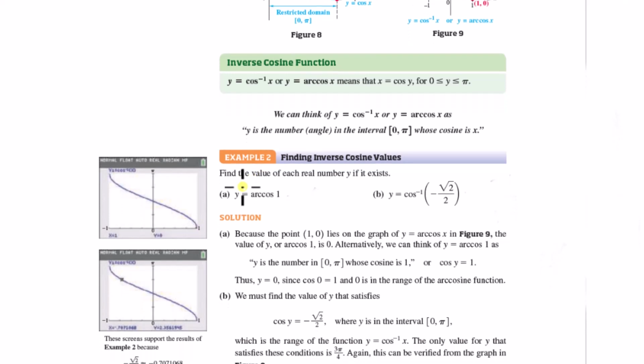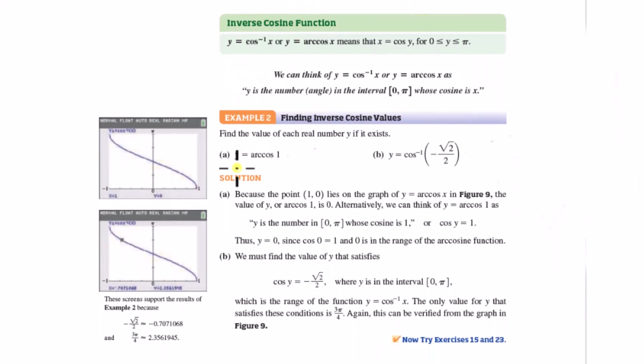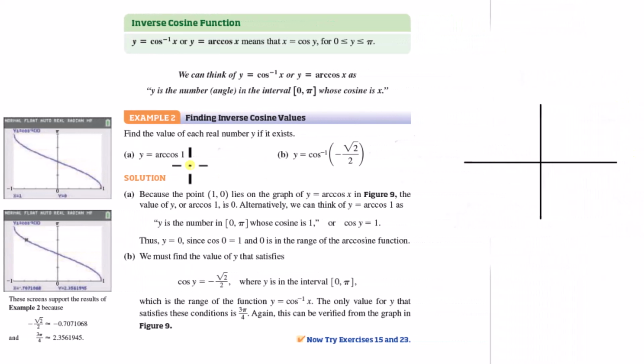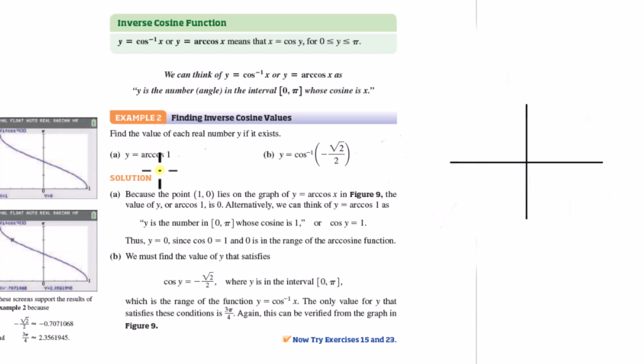Okay. So, what would arc cosine of 1 be? Well, we know that this is asking, if we took the cosine of an angle and got 1, what was that angle? Based on the definition of inverse cosine, we're going to get some angle between 0 and pi, because going from 0 to pi, all possible outputs of cosine are represented.